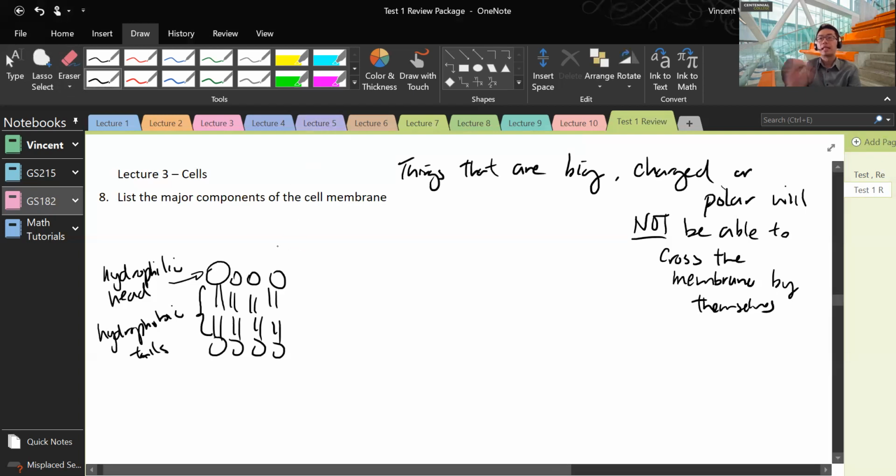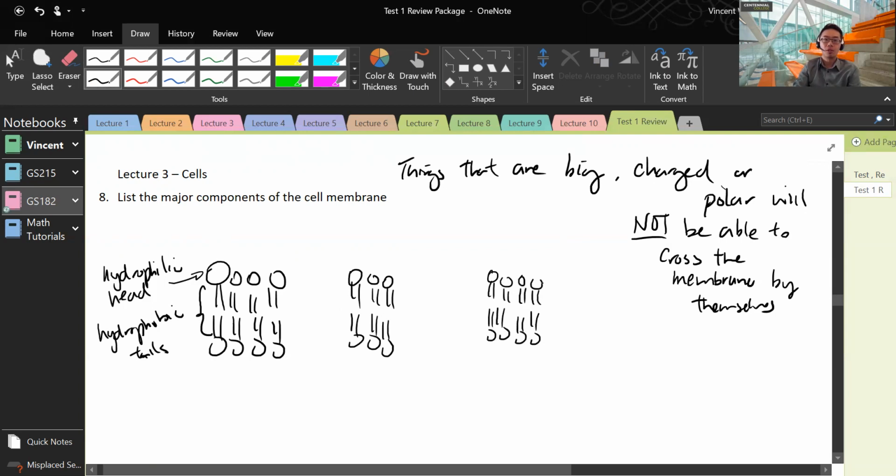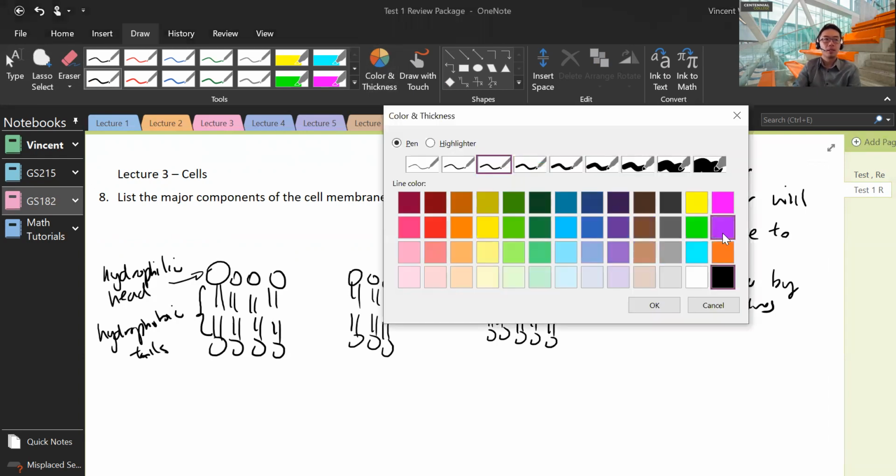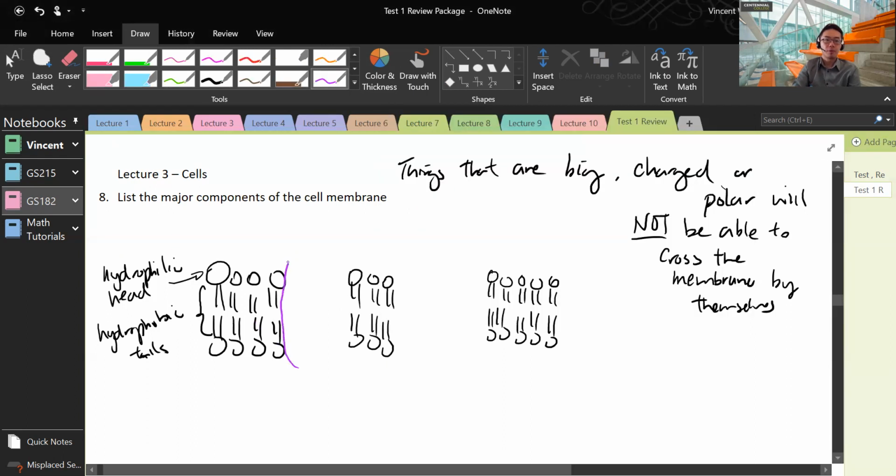Okay, they're going to need some help to do it. Right, so to help them go through, what are we going to use to help these things pass through? What is in the membrane that helps us move these charged large polar molecules across?